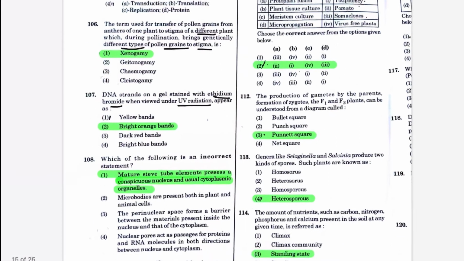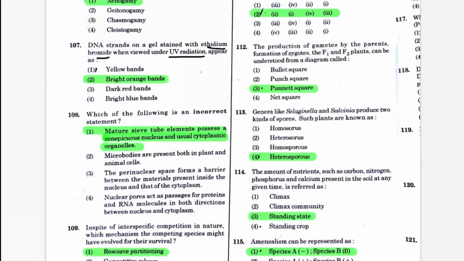For 108, they are asking you the incorrect statement. See the first option: the mature sieve tube elements will possess a conspicuous nucleus and the usual cytoplasmic organelles. No, mature sieve tube elements will not possess any nucleus, right? So this option is incorrect, whereas all others are correct. Microbodies are present in both plant and animal cells, and the perinuclear space is a barrier between the nucleus and the cytoplasm.